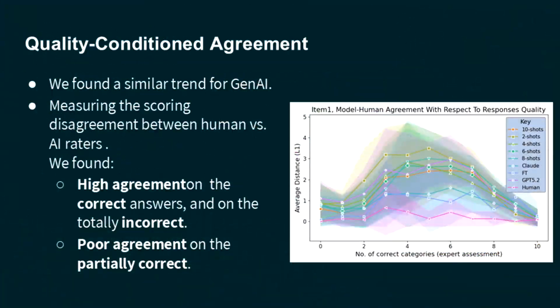If we look at the graph on the right, the correct answers are just above the 10 here, and we see the convergence, the agreement of all the AI and human raters. On the left, we see relatively high agreement on the completely incorrect answers, and all of the middle quality range in between, we see this belly, the inverted U shape, indicating low agreement on the partially correct answers.